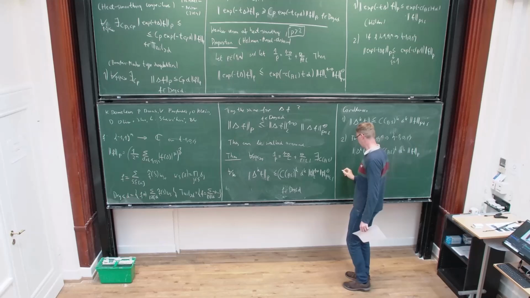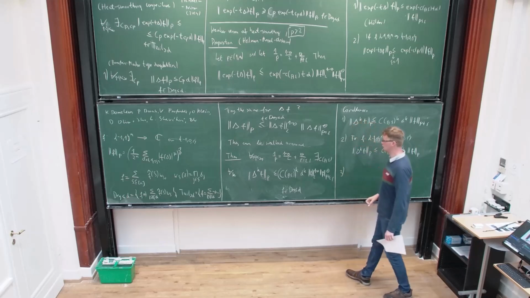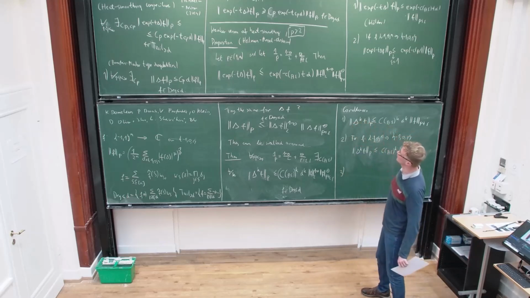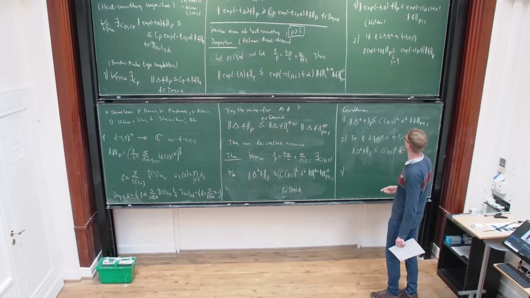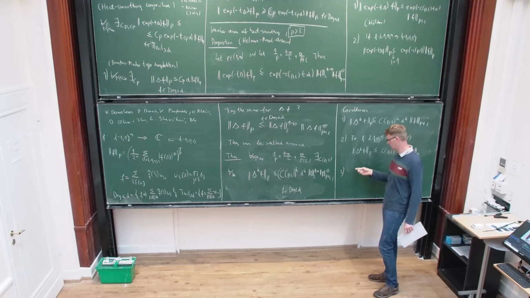And the final corollary of this is that you have the estimate from below, which is fortunately erased. But the estimate from below was similar to the heat smoothing estimate, only that we needed it from below and for low degree functions.